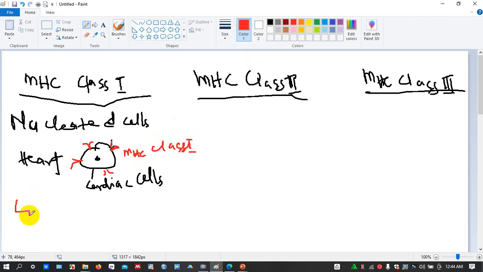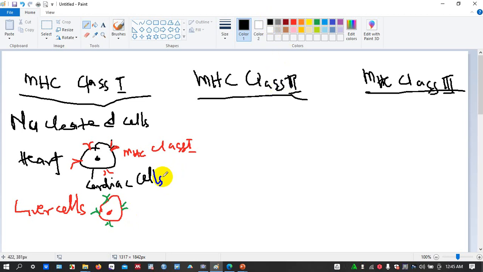Liver cells have, let me draw a liver cell. Let me bring the green. So the liver cells' MHC are here. This is MHC for liver cells. So that's class 1.